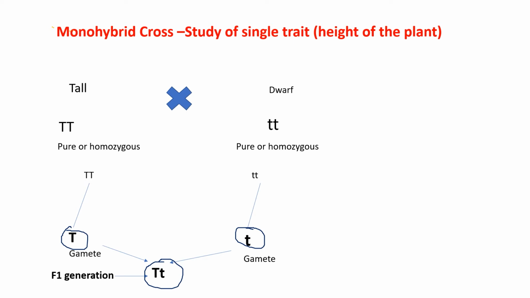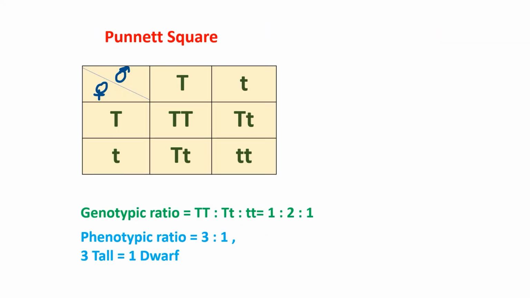Okay. And after doing this experiment, he arrived at two laws. Law of dominance and law of segregation. Before that, let us study the Punnett square. Here, instead of writing, you saw the progeny, capital T, small t. So the homozygous parents were cross-pollinated by him.